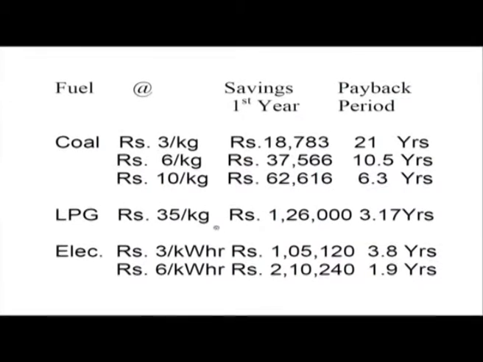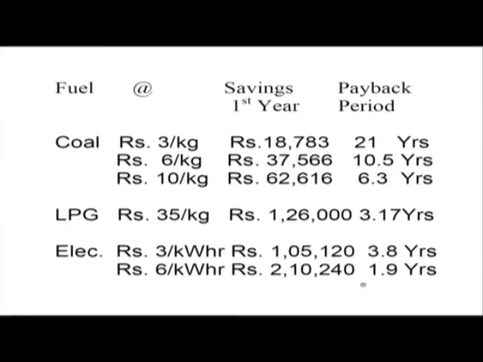LPG at the old rate of 35 rupees a kg comes to a saving of 1,26,000. The payback period is attractive, 3.17 years. And if you use electricity at 3 rupees per kilowatt hour, which is on the lower side, it comes to 3.8 years. If it is at 6 rupees per kilowatt hour, something like 200 units and above, this comes to only 1.9 years.